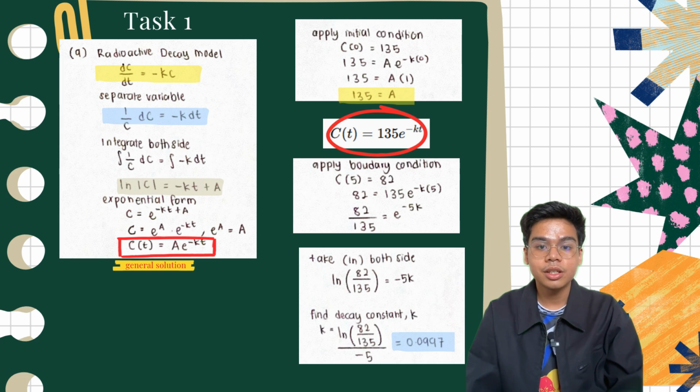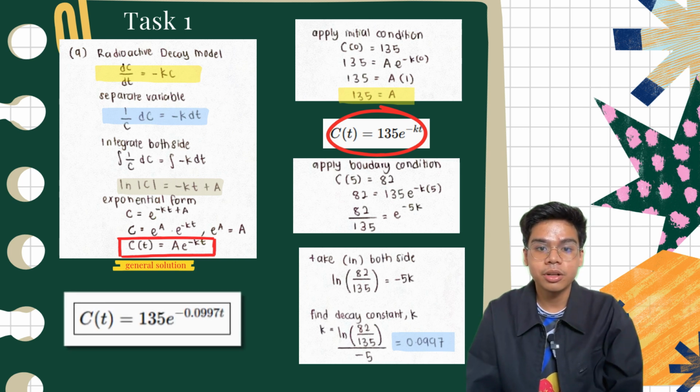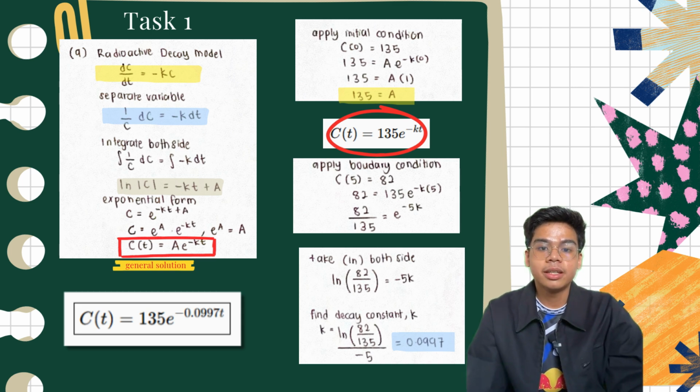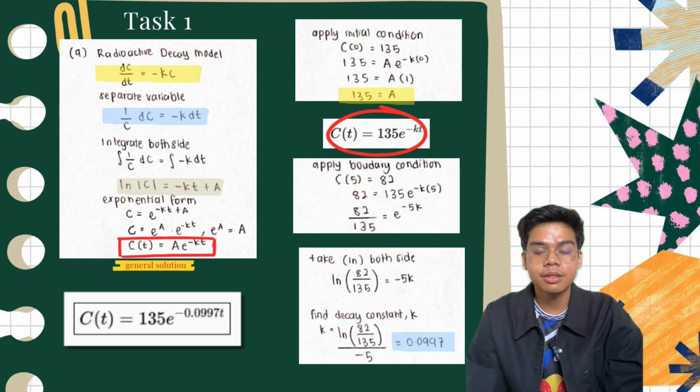Hence, the concentration function describing the pollutant behavior is C(t) = 135e^(-0.0997t). This model can now be used to predict the concentration at any time during the treatment process. It is exponential decay because the rate of pollutant removal is proportional to the amount of pollutant remaining in the reservoir.